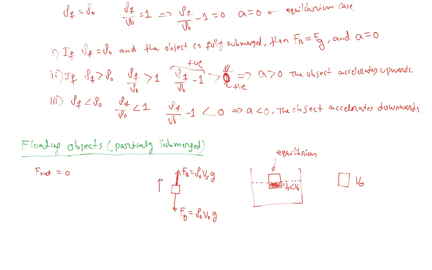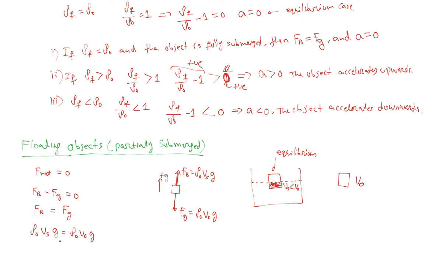Okay, so what this means is FB minus FG equals 0. So FB equals FG in magnitude, and FB is density of the object, volume of the object submerged, times g, equals the gravitational force.